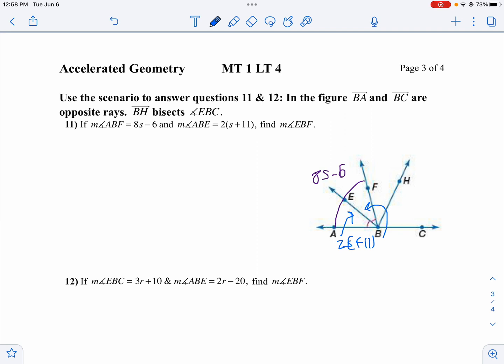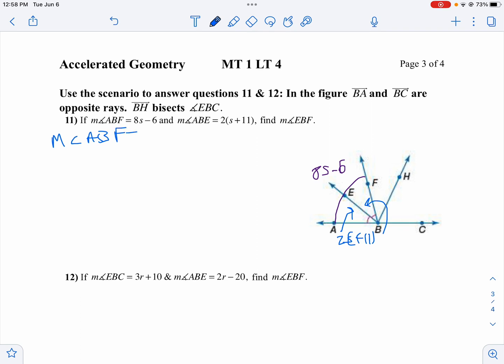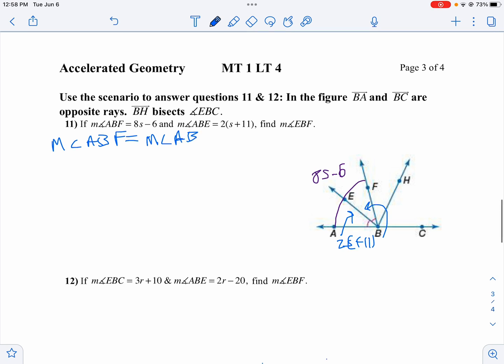That is, we know the measure of angle ABF equals the measure of angle ABE plus the measure of angle EBF.